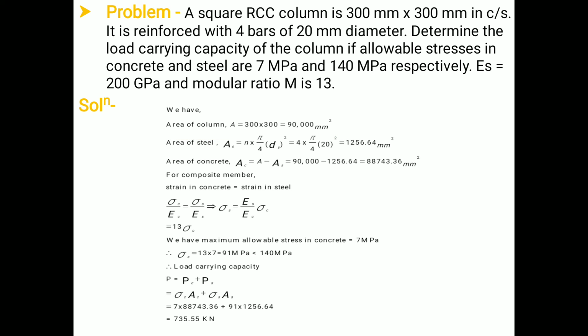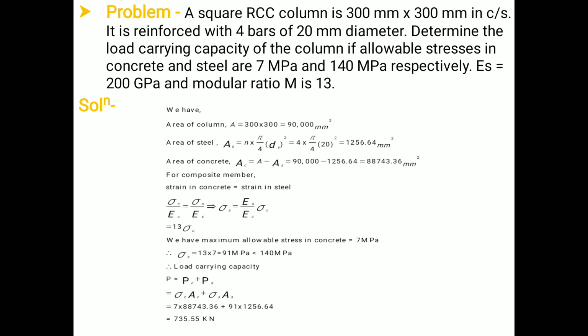Therefore the area of the steel is As equals N into pi by 4 into ds square, which equals 1256.64 mm square. Remember that the area of the entire column, including the steel and concrete, is 90,000 mm square, and the area of the steel is 1256.64 mm square.